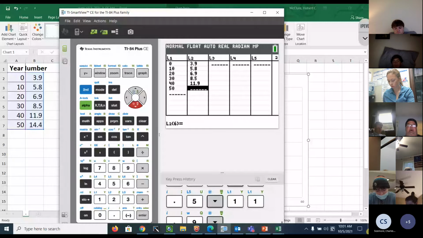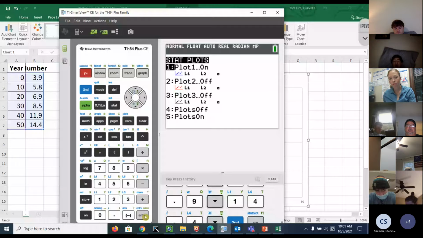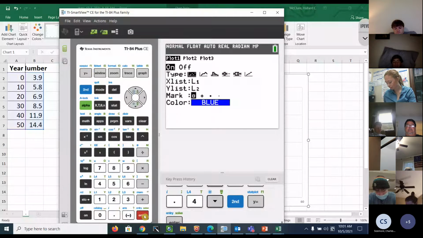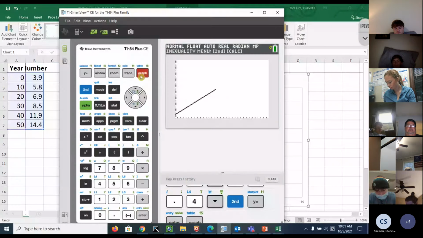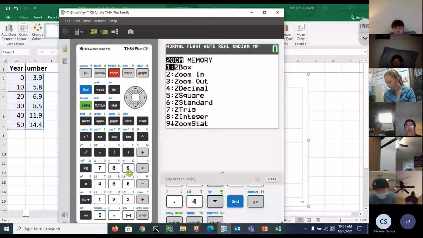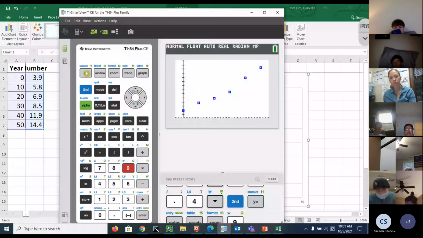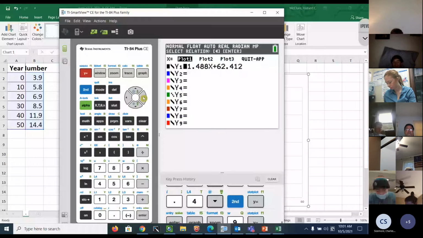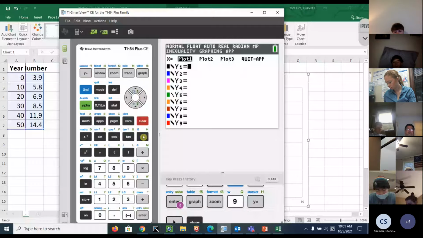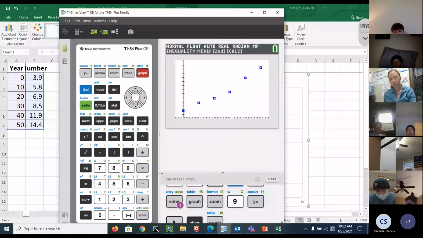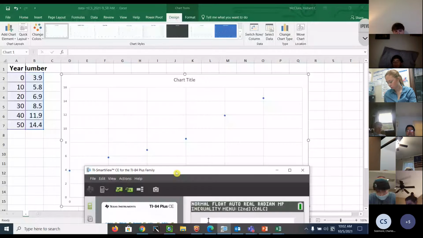You want to do a scatter plot: go to second, y equals, hit enter for number 1, hit enter for on, and graph. And that's not it. Let me hit mode, zoom, stat, there it is. Let me get rid of my other line that's in there. So there's what it looks like in either the calculator or the Excel spreadsheet.